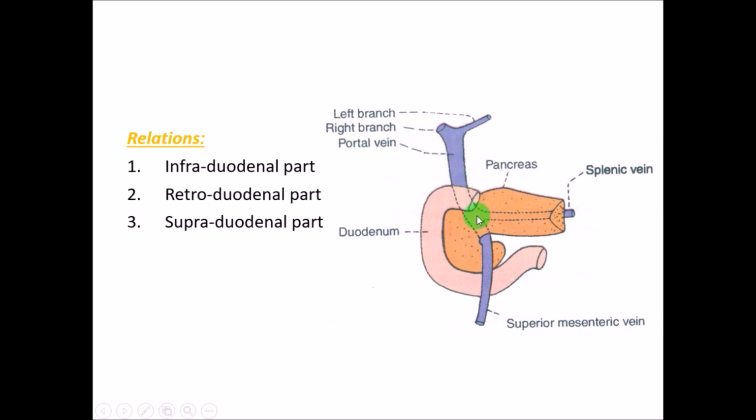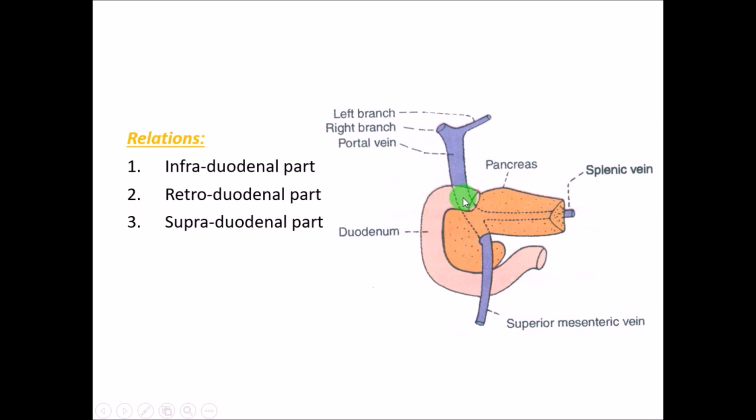So if you see the infraduodenal part, in front, as we have seen already, there will be the neck of the pancreas itself. So the neck of the pancreas will be in the front, and behind there will be the abdominal aorta as well as the inferior vena cava. Retroduodenal part, as the name itself indicates, is behind the duodenum.